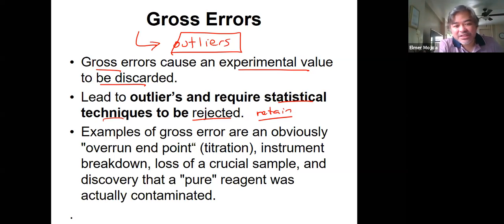Usually a light pink color. That's the ideal one. Okay. And then you can also have an instrument breakdown, loss of a crucial sample, and the discovery that a pure reagent was actually contaminated. So those are examples of these gross errors.